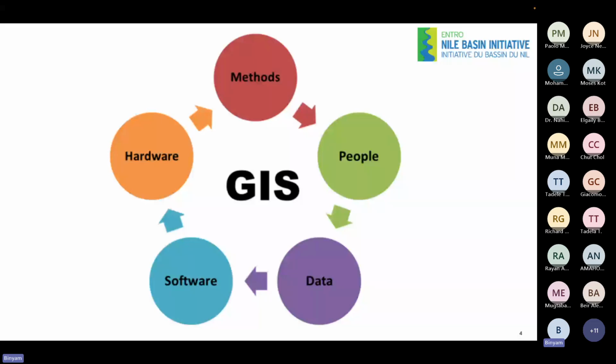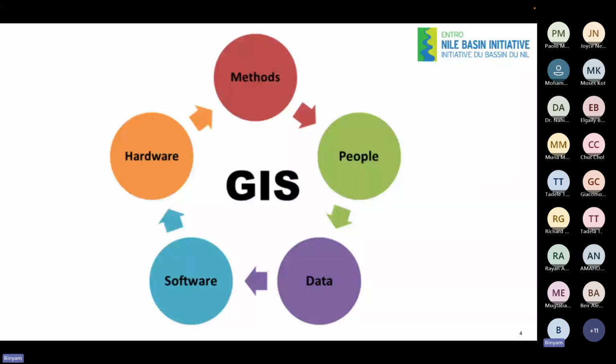GIS means a combination of all of this. If you don't have data, that's not GIS. It has to be there. That's why we need this training, to know how to manipulate it in the system.